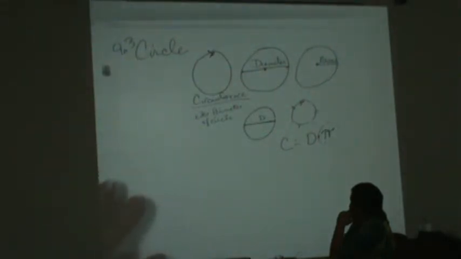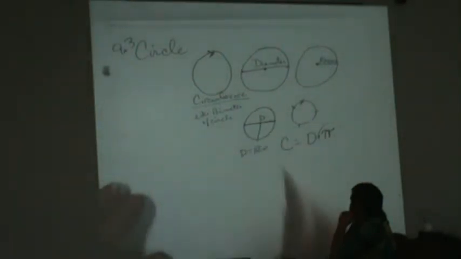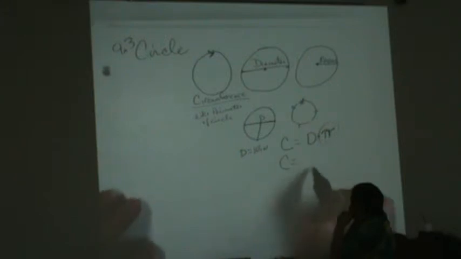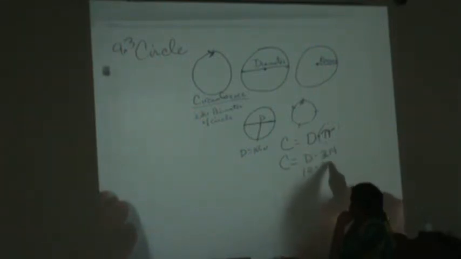So if we knew a diameter was, let's say the diameter is 10 inches, we could figure out how far it is around it, because we would say the circumference is that diameter times 3.14, okay? Which is 10 times 3.14.